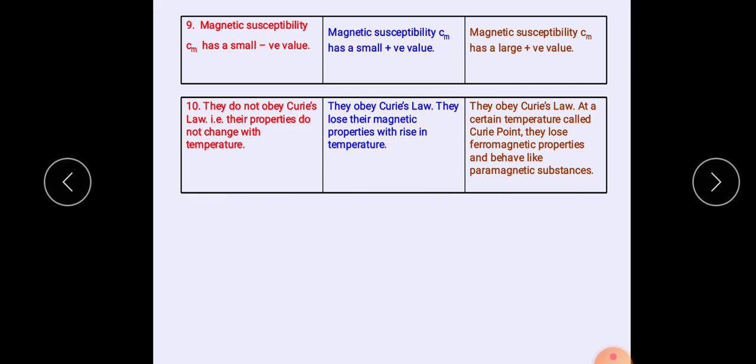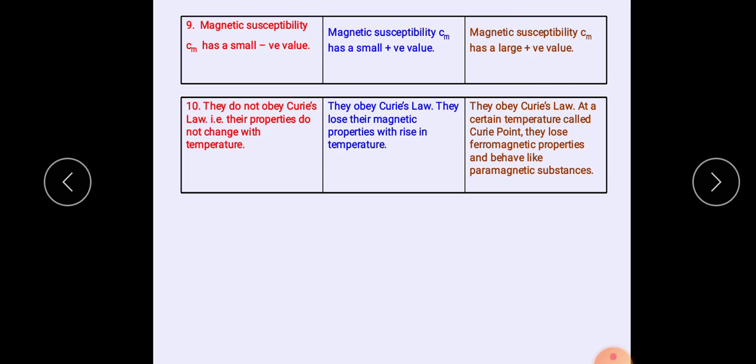Now the diamagnetic substances do not obey Curie's law. We will discuss later what Curie's law is. That is, their properties do not change with temperature. The paramagnetic substances obey Curie's law. They lose their magnetic property with rise in temperature.